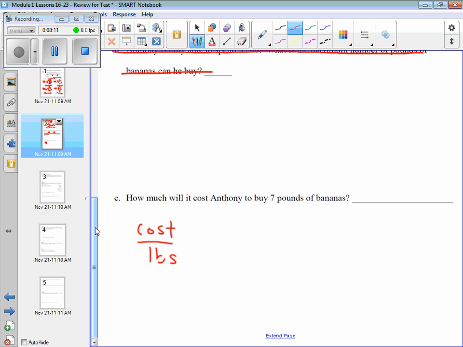We take our original ratio, which is 0.8, which is 80 cents per pound, and then we've got to determine what the cost is, how much, and I've told you guys and I've told students, look for keywords: how much, how little, how big, how small. In this case, how much, because that's going to lead to what we're trying to find. How much will it cost indicates we're trying to find cost.